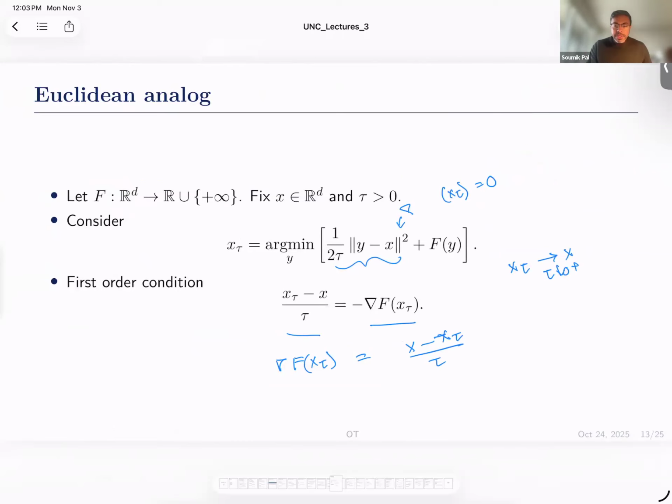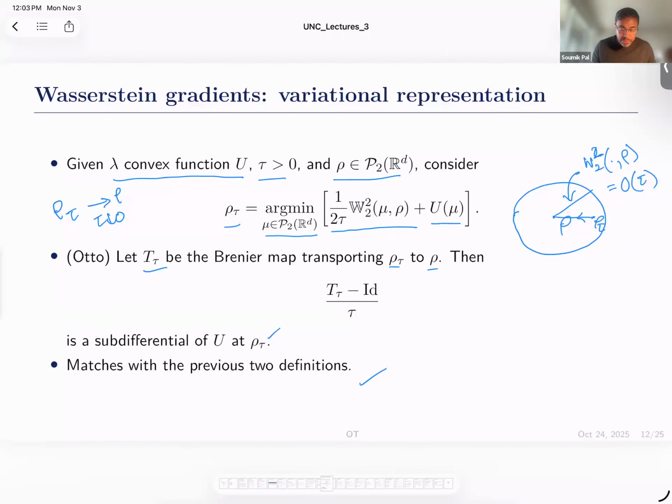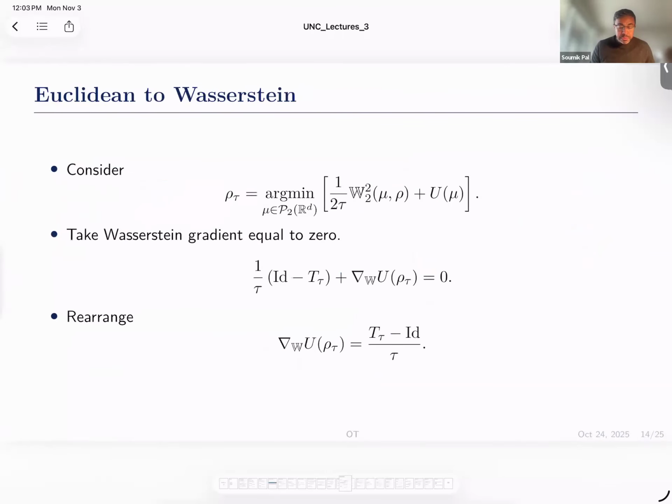Okay, so sorry, any questions? All right, okay. Let me just explain a bit more how going from Euclidean to this definition given by Otto, by doing actually Otto calculus. So I have this problem that rho tau is the argmin over all probability measures mu of 1 over 2 tau W2 squared of mu to rho plus U of mu, right?